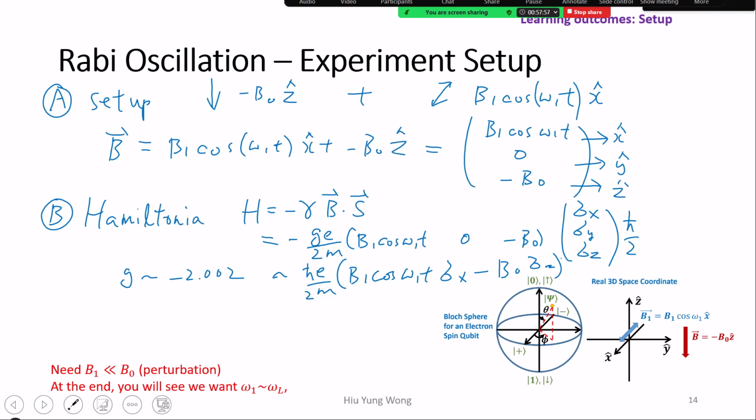Now, if you look at this carefully, I have two terms. One is the sigma x term, and the other is the sigma z term.